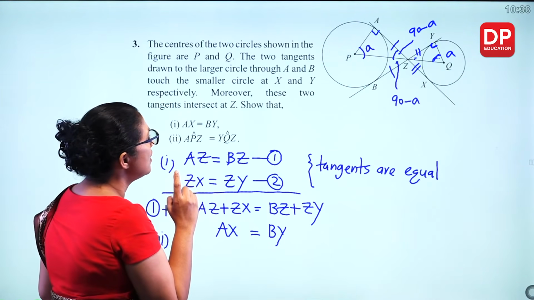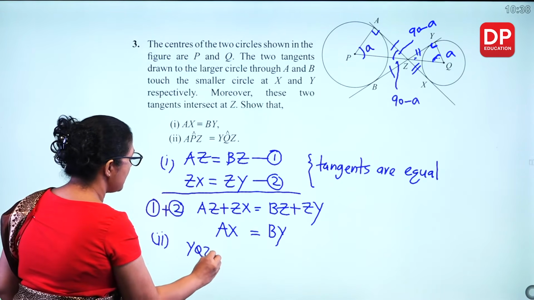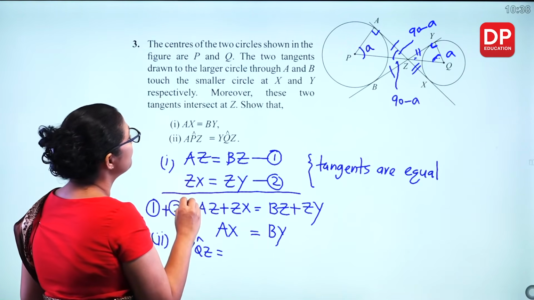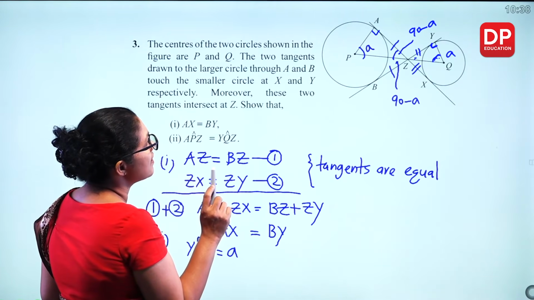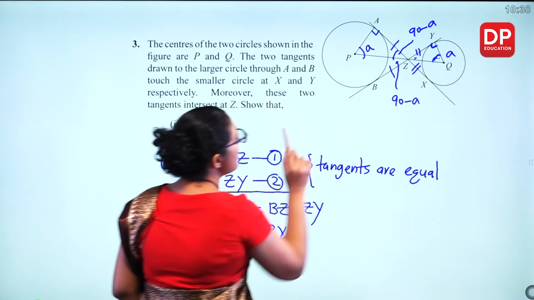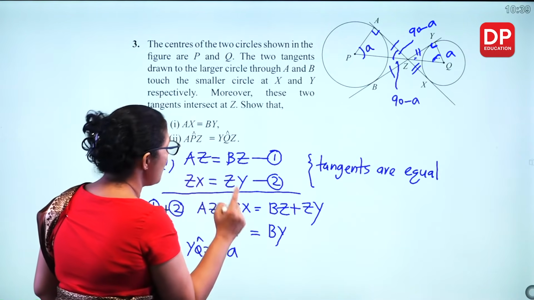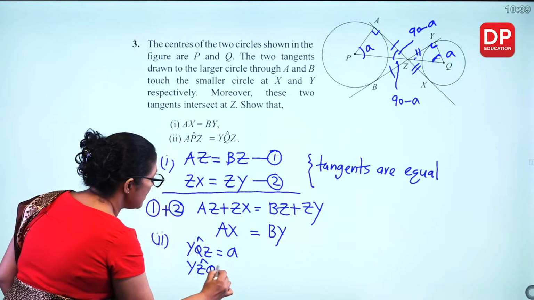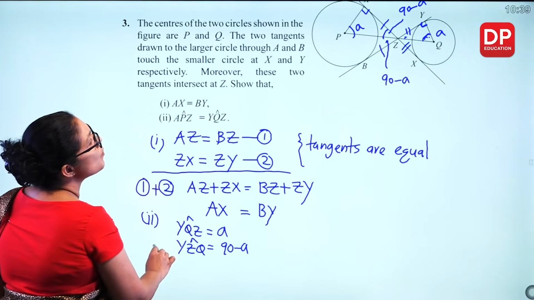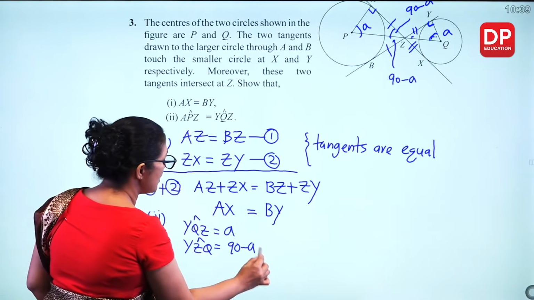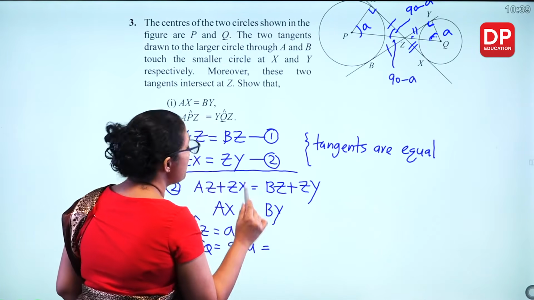So we'll write down angle YQZ. Angle YQZ is equal to A, and that's equal to, we'll do step by step, and therefore angle YZQ is 90 minus A. And we know that's also equal to angle PZB.